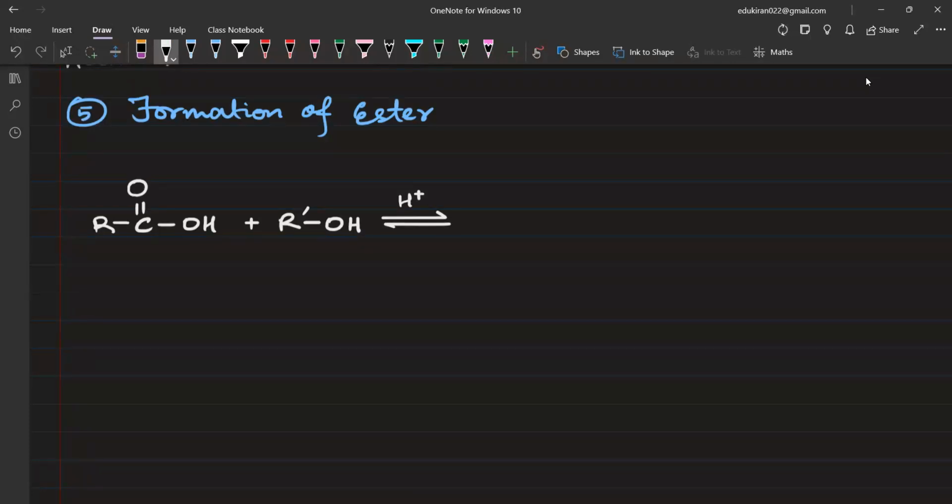In the presence of acid, it forms R, C double bond O, and OR'. That's it, ester. ठीक है, यहाँ से भी आप देख सकते हैं what is happening here.